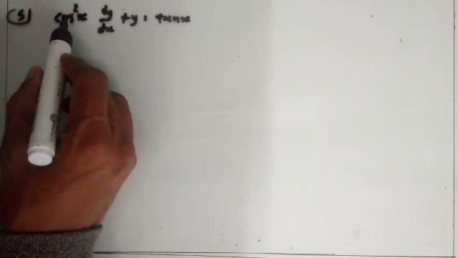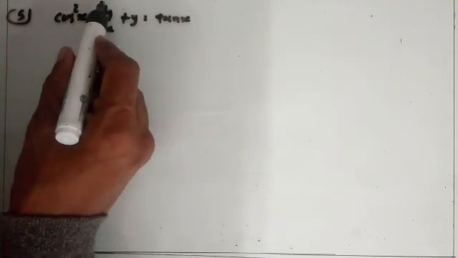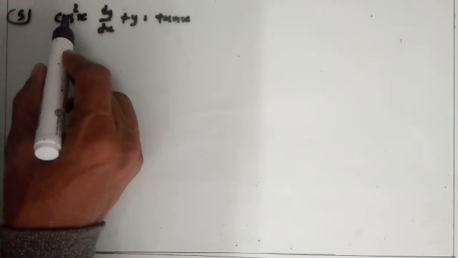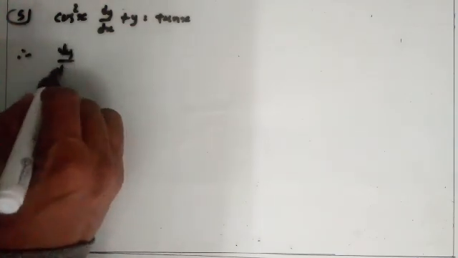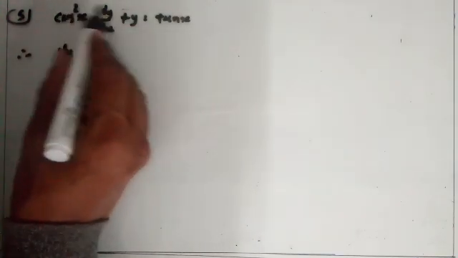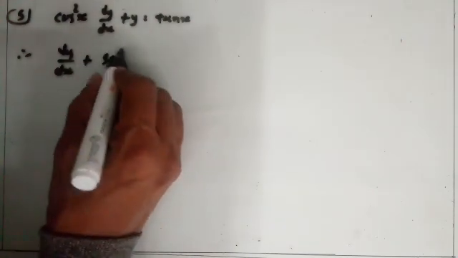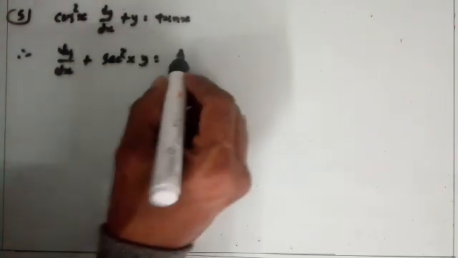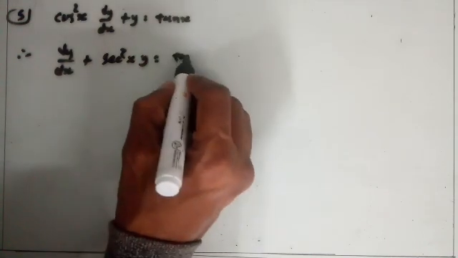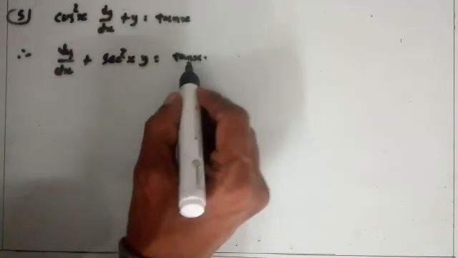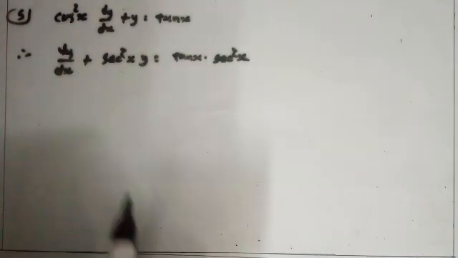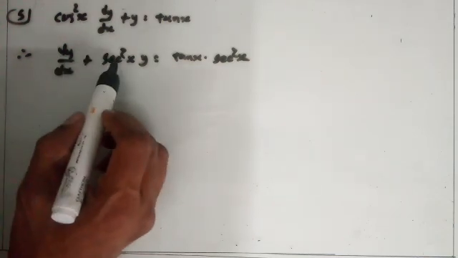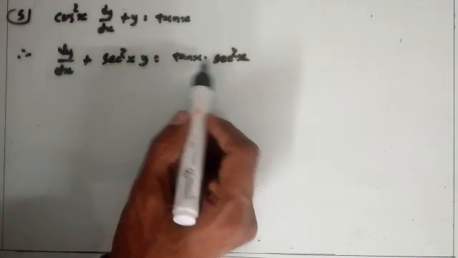Here first separate the dy/dx term by dividing by cos² x. We get dy/dx + (1/cos² x)·y = tan x · (1/cos² x), that is, dy/dx + sec² x · y = tan x · sec² x. Clear?